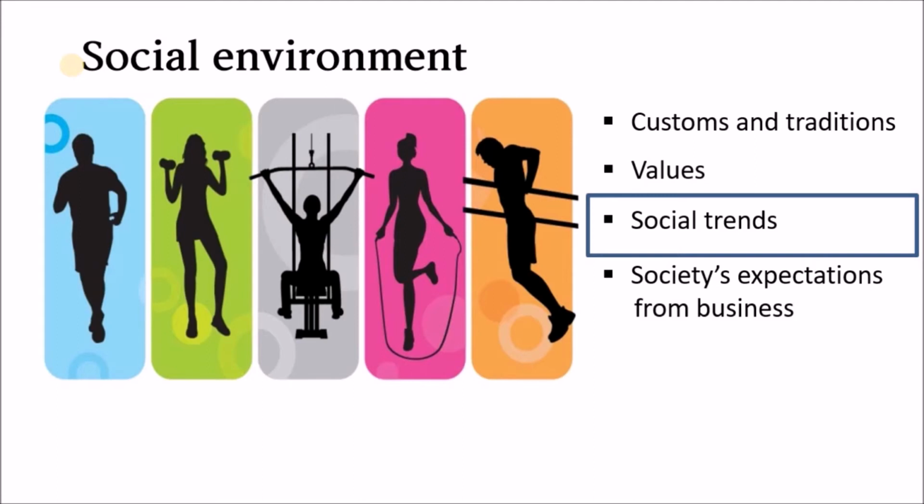Like presently in urban dwellers, people are becoming very health conscious, and as a result the sale of organic product, diet soft drinks, gyms, food supplements, it has increased. However, it is a threat for businesses such as liquor, tobacco or dairy processing. So business has to keep in mind what are the trends, and it poses both opportunities and threats for business.